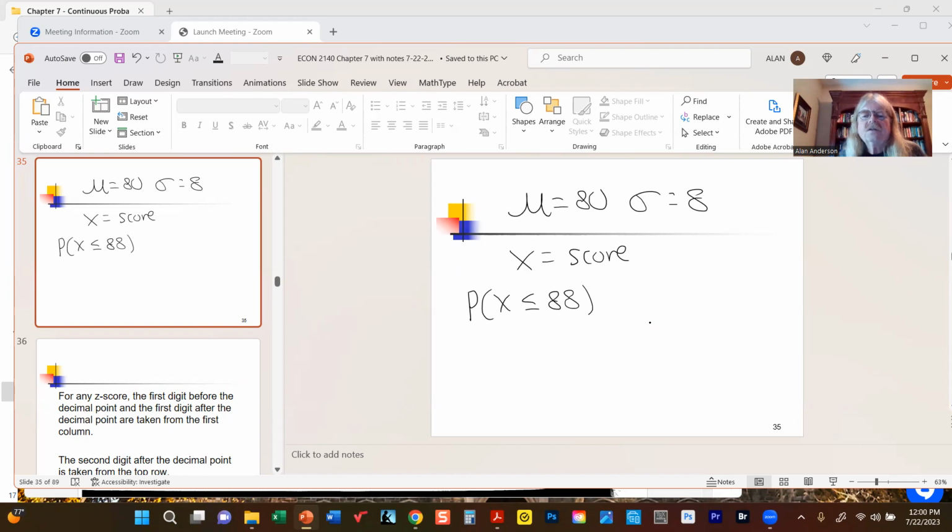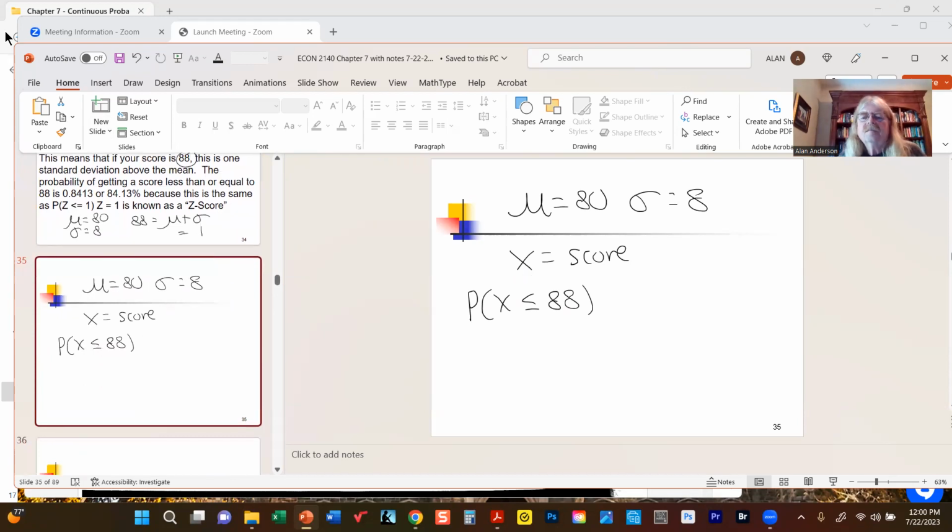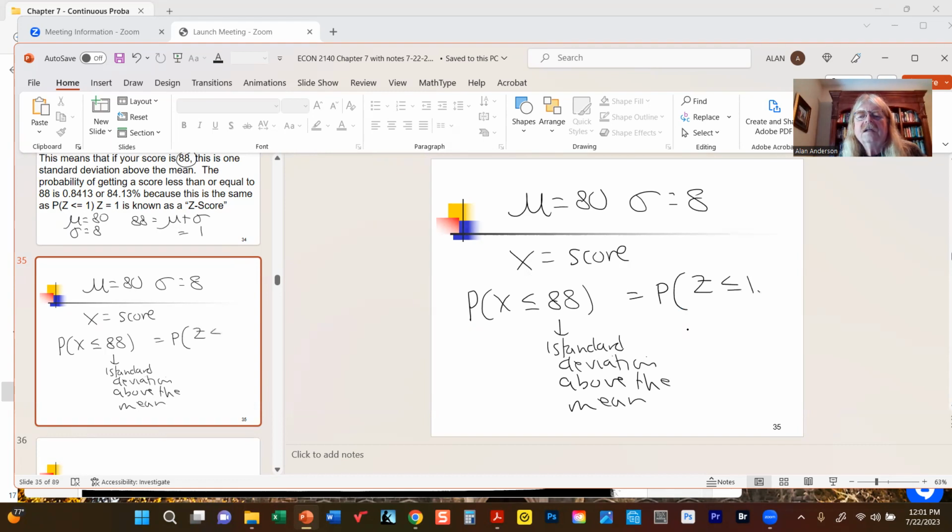And so what you'll notice here is that 88 is one standard deviation above the mean. And so for that reason, this is the same thing as the probability of Z, which we did a minute ago. So in other words, the two are equivalent to each other.